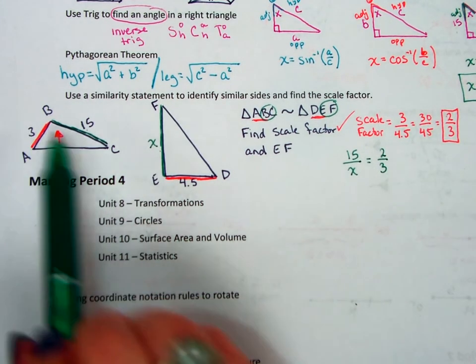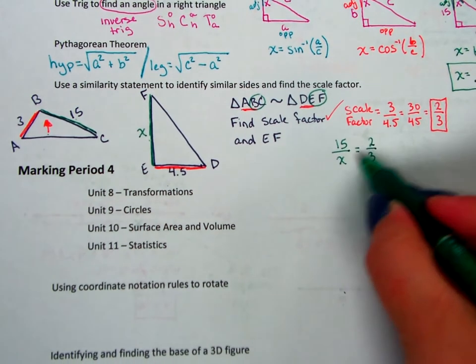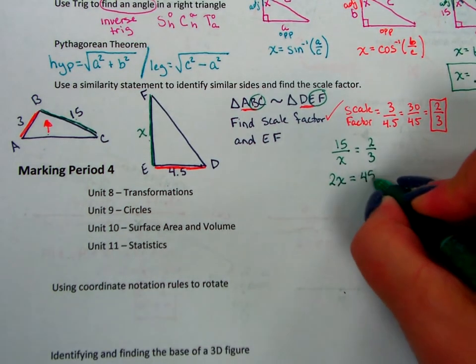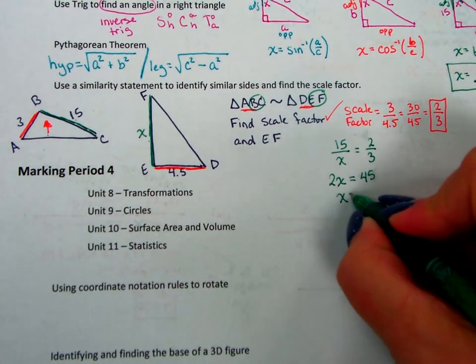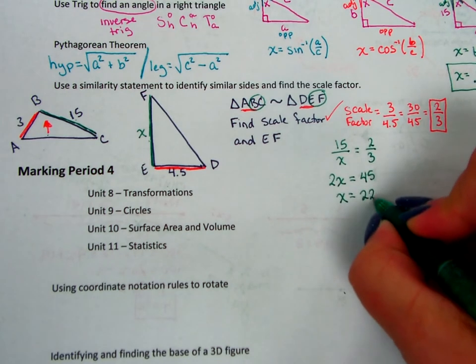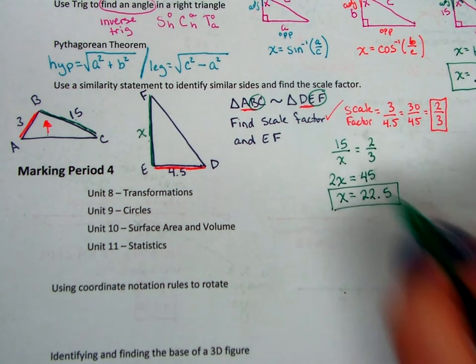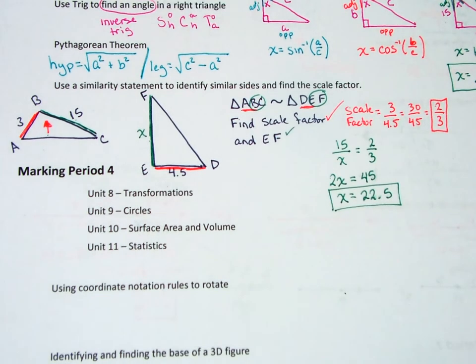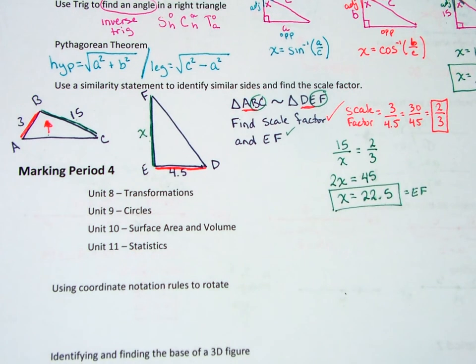To 2/3. I could also just set it equal to, I could do 15 to X equals 3 to 4.5 and cross multiply with those numbers as well. I would get the same answer. 2 times X is 2X, and 15 times 3 is 45. Divide both sides by 2, and X equals 22.5. For EF. I should say X equals EF.